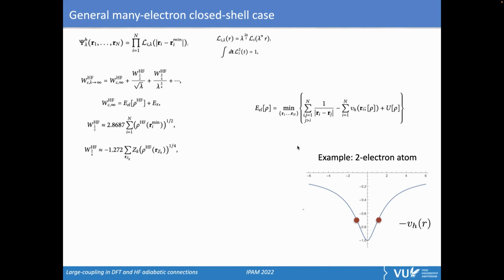And then, for instance, for 2 electrons, like the helium atom, you would have this kind of situation. And then by putting localized orbitals around these minimizing positions as an ansatz for your wave function, if you optimize the shape of these localized orbitals, what you find is exactly the solution for the hydrogen atom with S1/2.